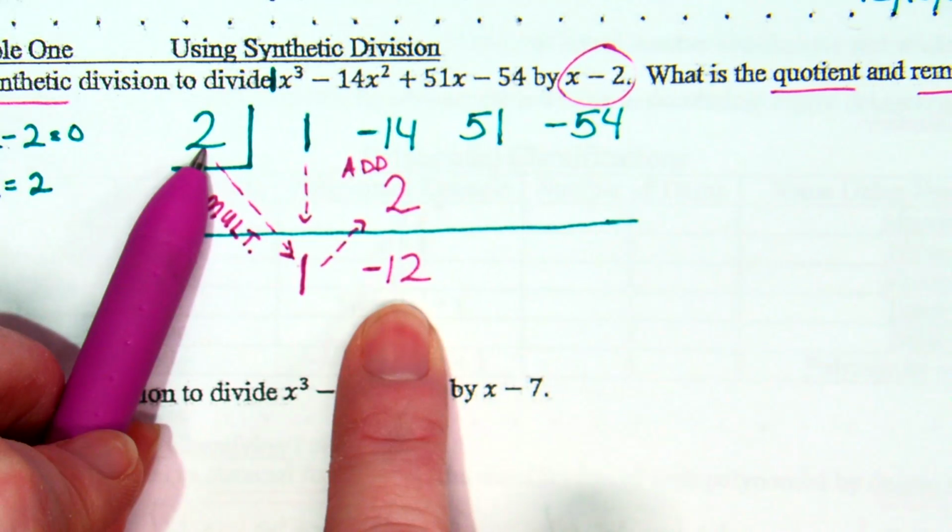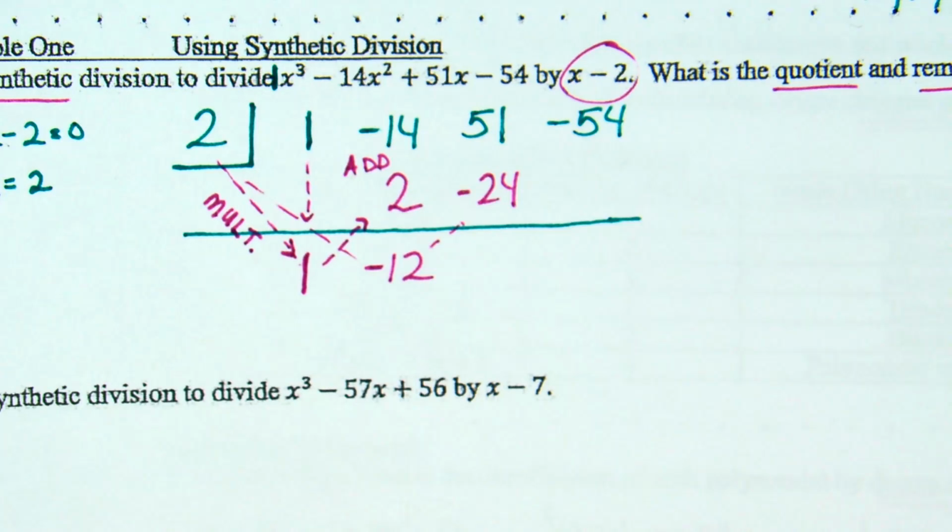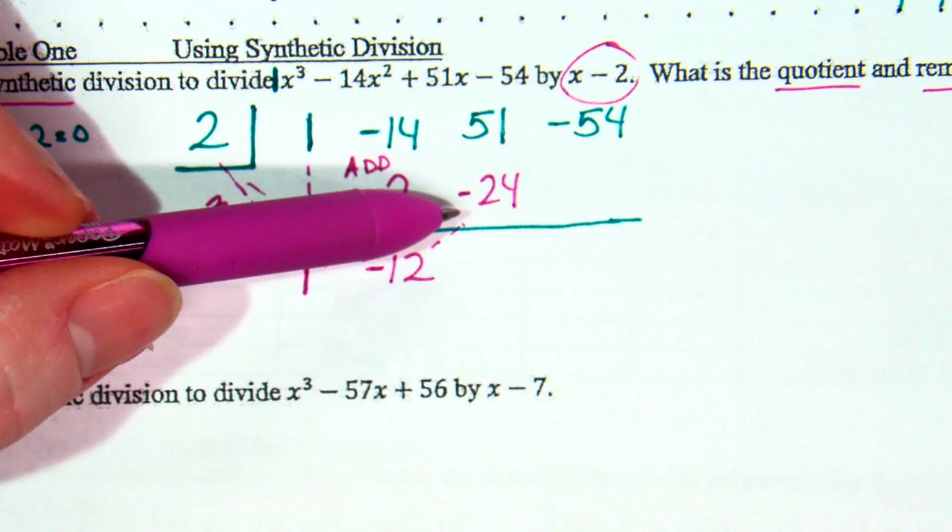So that was the 2 times negative 12 under the 51. 51 plus negative 24. Because I am adding. What is 51 plus negative 24? 27.